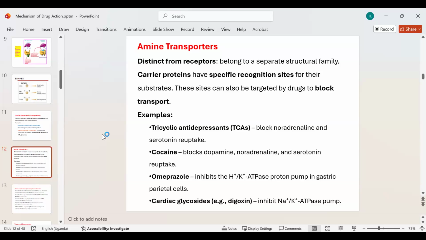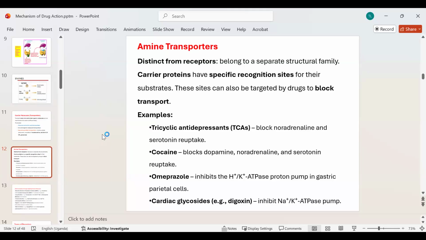Examples include the tricyclic antidepressants, the way they work. We have cocaine, which tends to block dopamine, norepinephrine, as well as serotonin reuptake. They are also targeting transporters of amines.